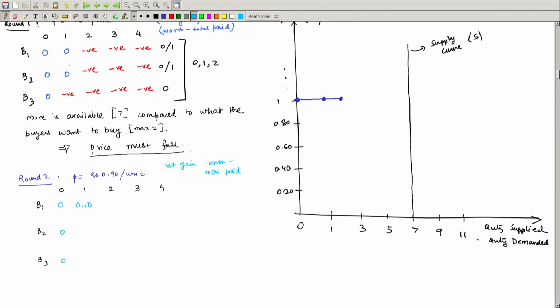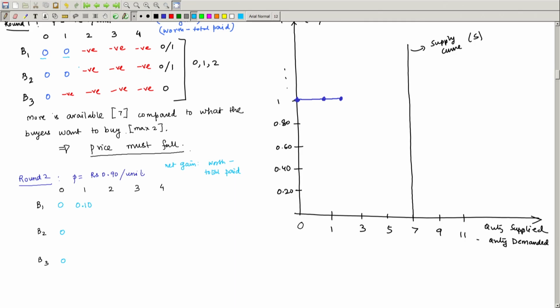So, unlike the previous case where buyer 1 was getting the same net gain by buying 1 unit and not buying, now clearly when the price of the pencil has gone down from 1 to 0.9 per unit, buyer 1 clearly has a net gain when he buys 1 unit. So, here buyer 1 is not going to be indifferent between not buying and buying. For sure, he is going to buy. What we need to check is, is he going to buy more than 1 pencil or not?